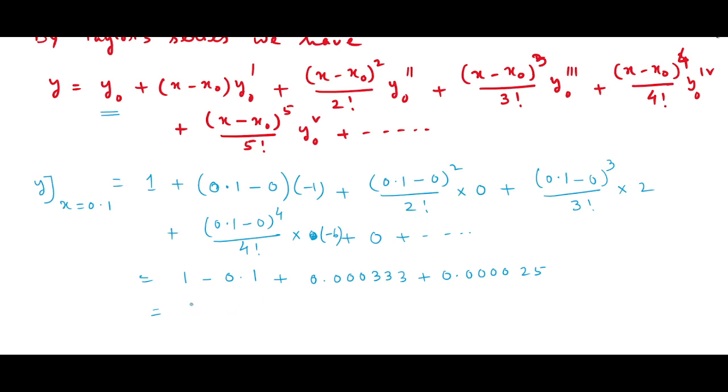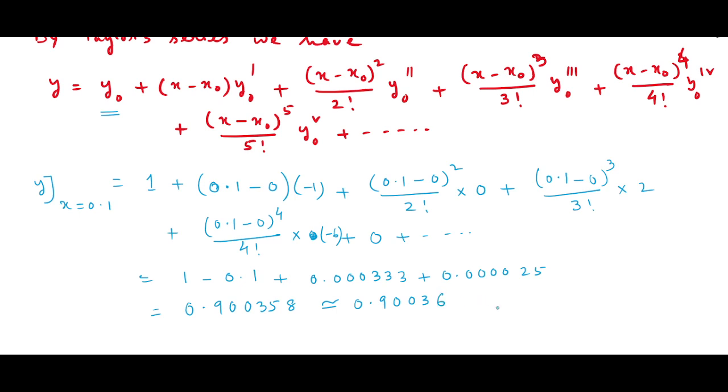So you get around 0.900358. We are writing up to 5 decimal places, so you can round it up and write 0.90036. So this is the approximate answer.